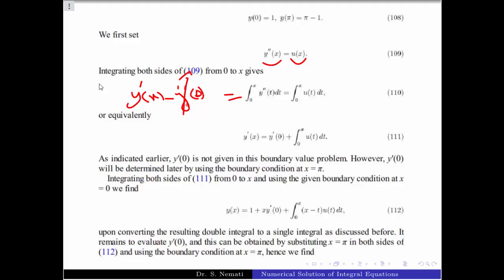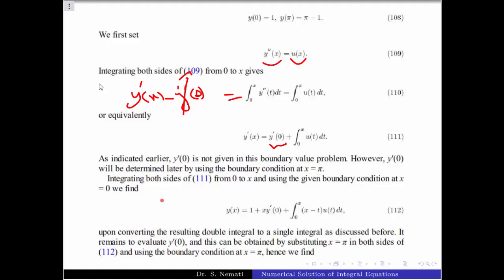So somehow we have to obtain this value and replace it in this equality. So we have y prime of x equals y prime of 0 plus the integral of u. We have to find y prime of 0 in some way and replace it in our equation.